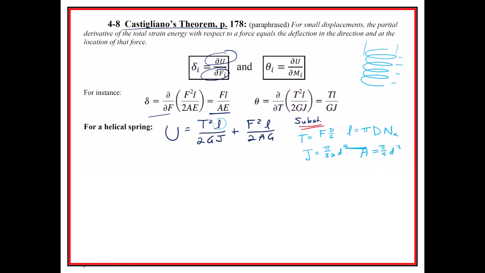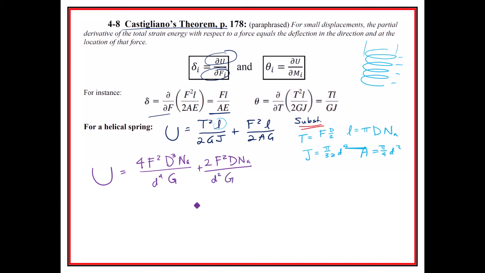So if you plug all this in, you get 4F squared D cubed N A over d fourth G, plus 2F squared D N A over d squared G, right?